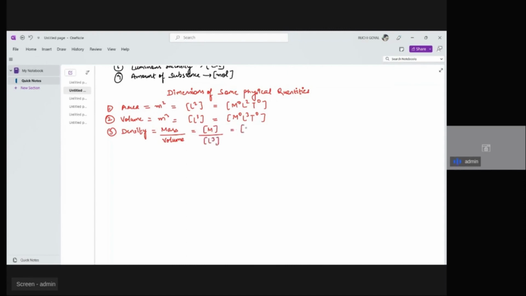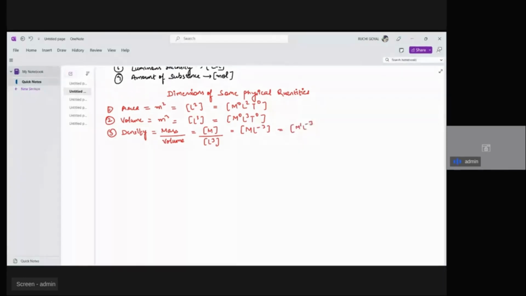So we can write M upon L3, and bringing it up, what will the power become? -3. M L -3, or we can write it as M1 L -3 T0, right?